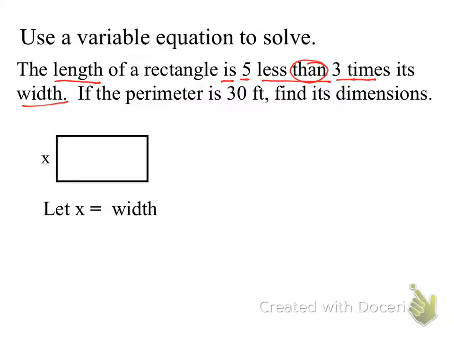Than creates that crisscross effect. So what is that going to look like? Someone I haven't heard from. Kayla or Riley? Kayla. Length is 5 less than 3 times width.